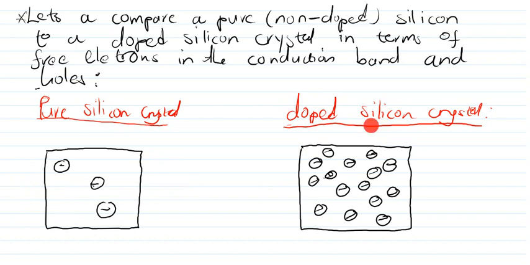Here, the n-type doped silicon crystal will be more conductive than this one, because in this one we have more conduction electrons. Can you see? The same thing goes for a p-type doped silicon crystal.